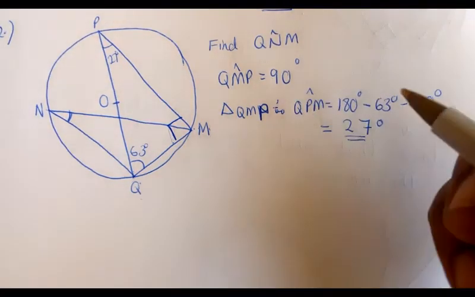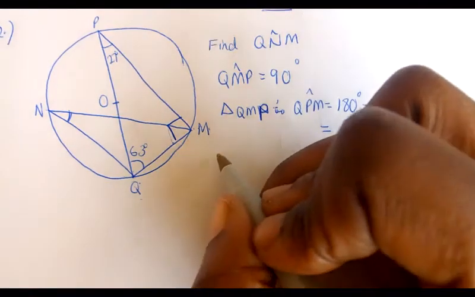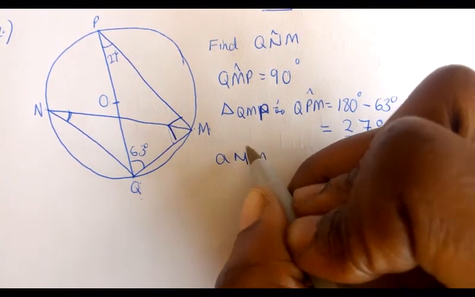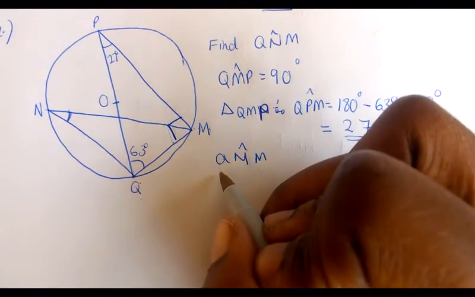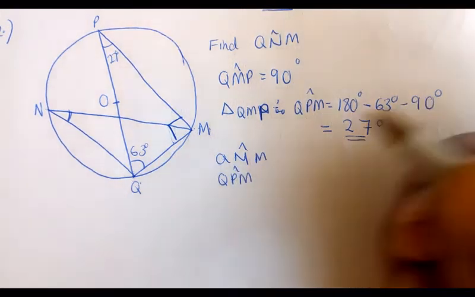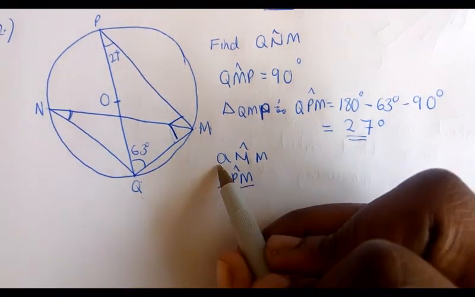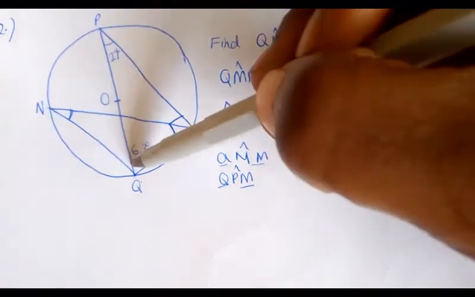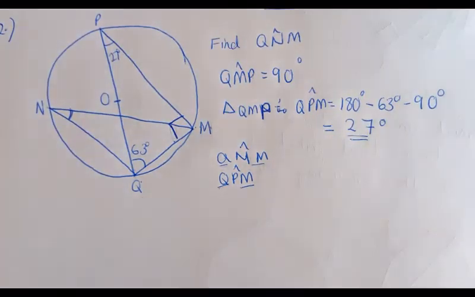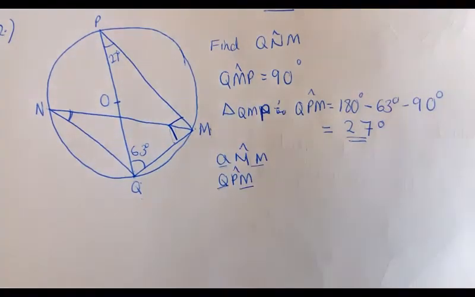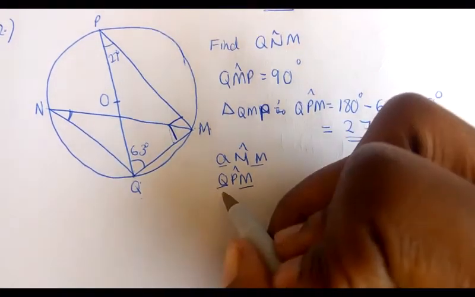And we can see that the angle that we want is QNM. And we have QPM, they all end with M. And if we look at it, QPM and QNM are subtended by the same minor arc QM, and so they are equal.